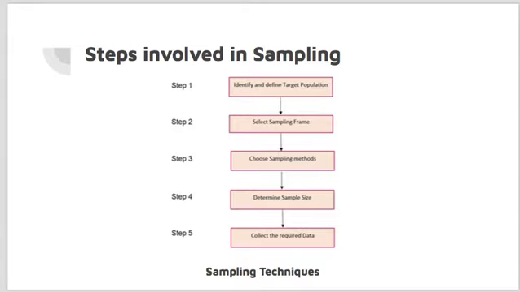For example, the final stage is collecting the required data from the sample. I am repeating: identify the defined target population. The target population in our case is the people who are above the age of 18, because we are going to study the opinion polls. The second step is selecting the sampling frame.